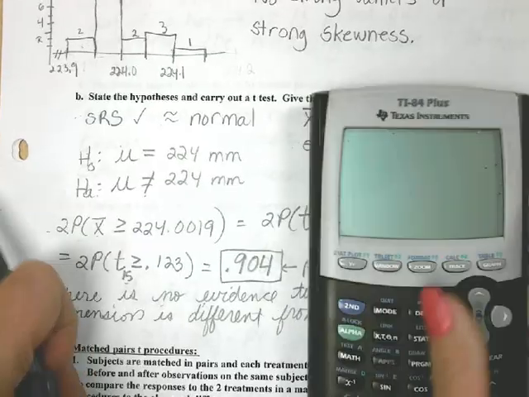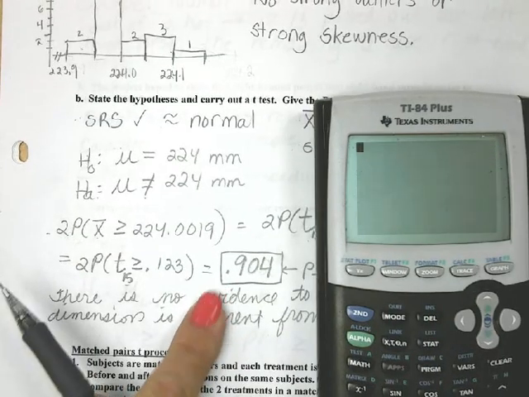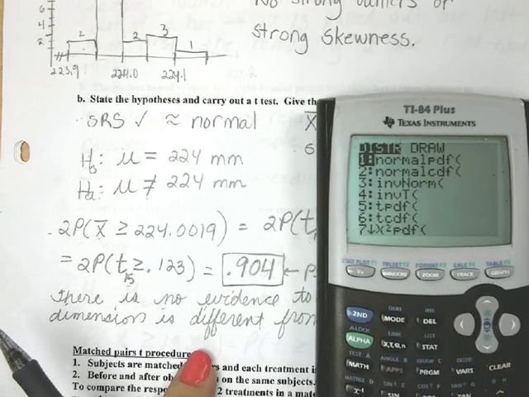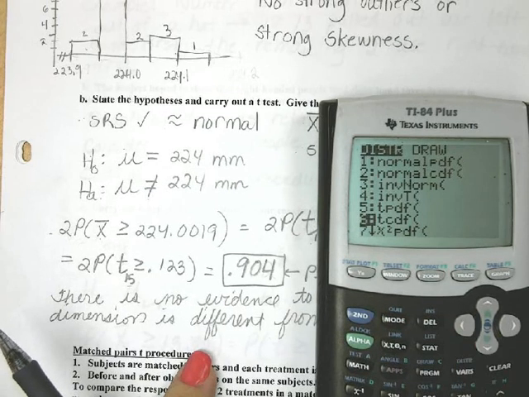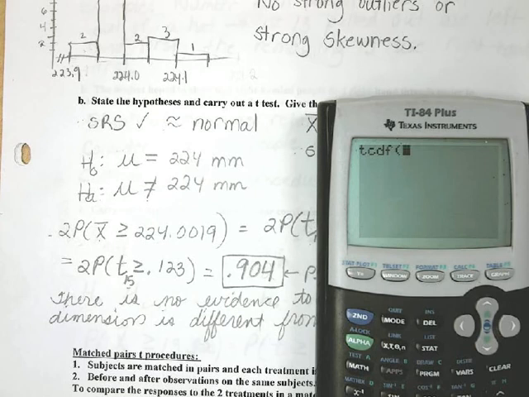Now, how did I get this value? I turned my calculator on, went to second distribution, and went to T-CDF. And in the T-CDF, just like a normal CDF, I put in the 0.123, my test statistic, and then I want this tail.